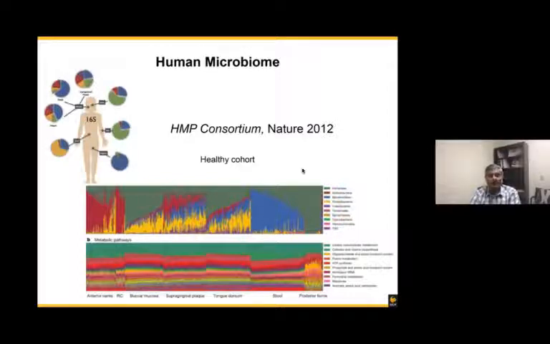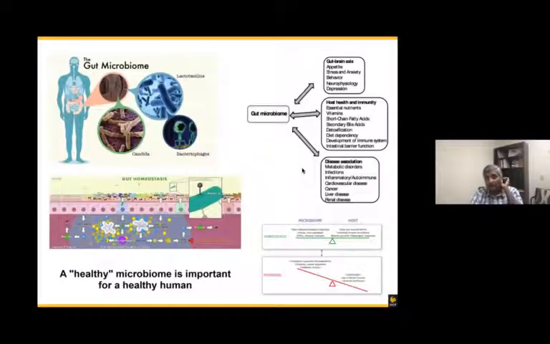Of course, since then, there's been a lot of interest by various research groups, including ours, in trying to understand the different microbiomes associated with the human body. For example, the gut microbiome has been an extremely important and active area of research, where it's now becoming a lot clearer that the gut microbiome is extremely important for host health and immunity.